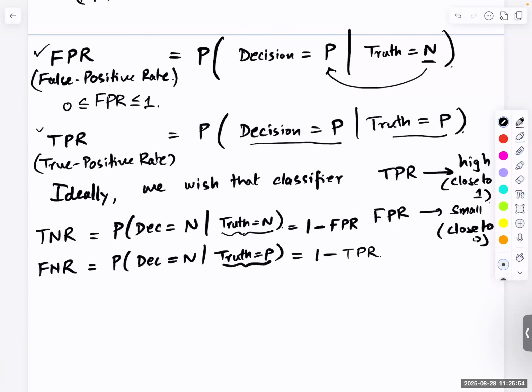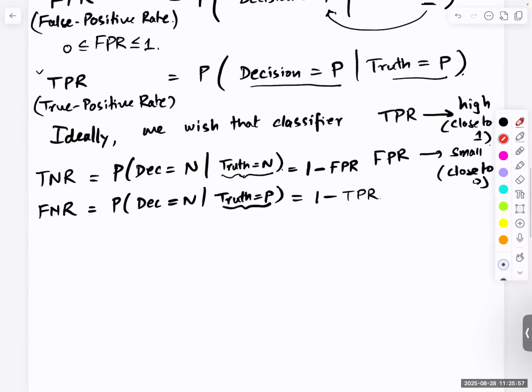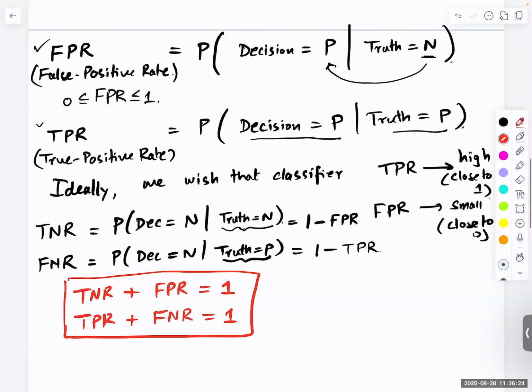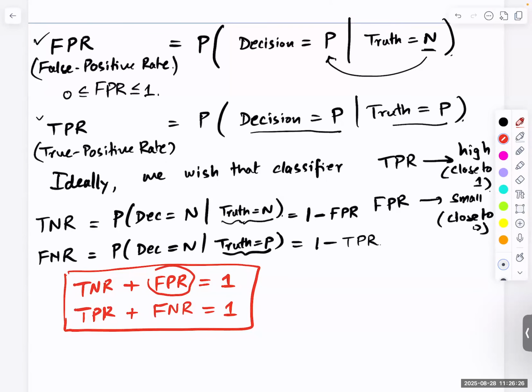So if you want to remember a few things from here, remember that TNR plus FPR is always equal to 1, and TPR plus FNR is equal to 1. In some sense, there are only 2 degrees of freedom here, because if I tell you FPR and TPR, then I can find the other 2 very easily from this box.